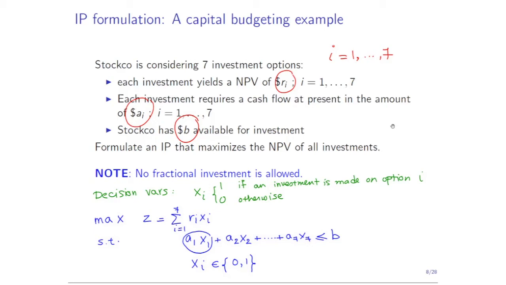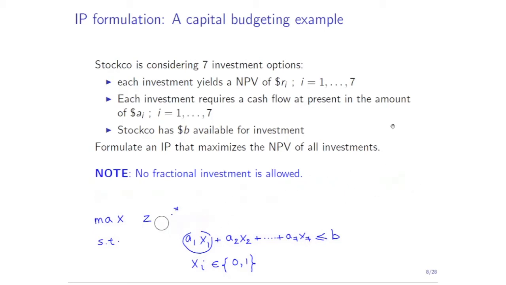It has many applications, and it has been studied in many research works in the literature. The formulation is very simple. I think I will have this formulation in the next slide.